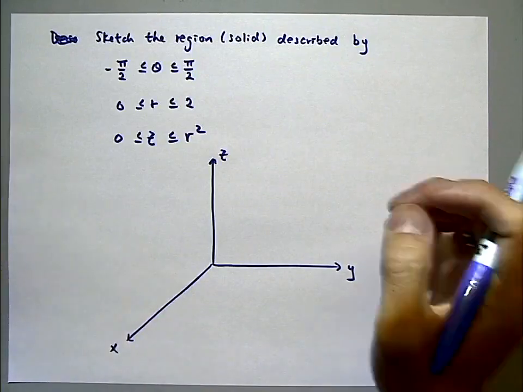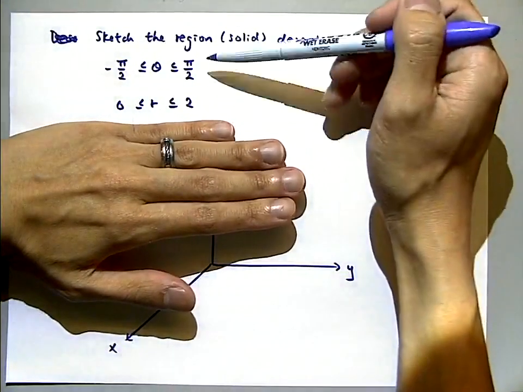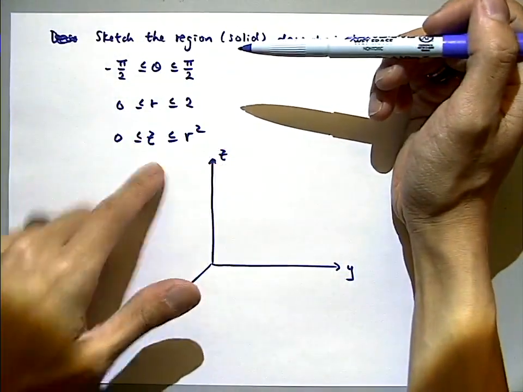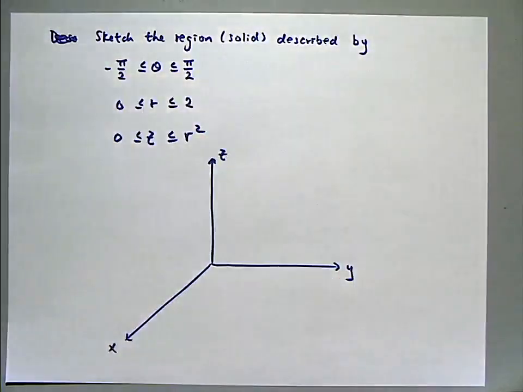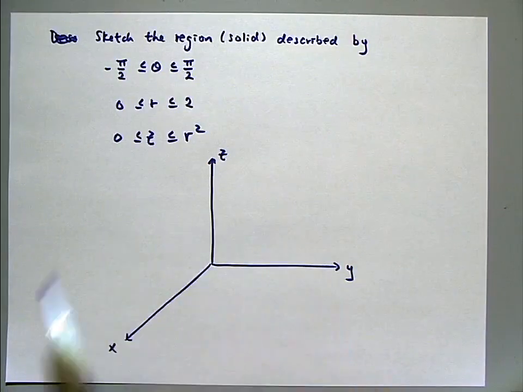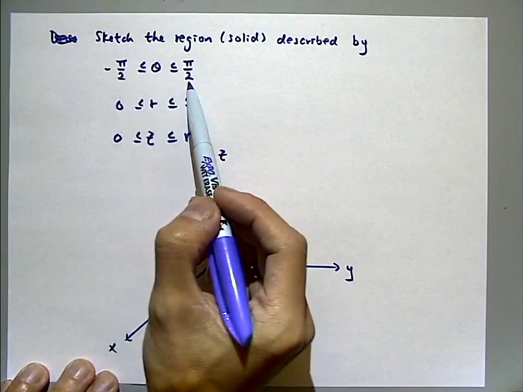It often helps if you start by looking at the xy plane. Just look at these two conditions here. Worry about z after we're done with that. So looking at the x and y plane, that's going to give you what it looks like on the xy plane, or the shadow of this object on the xy plane. Theta is between minus pi over 2 and pi over 2.